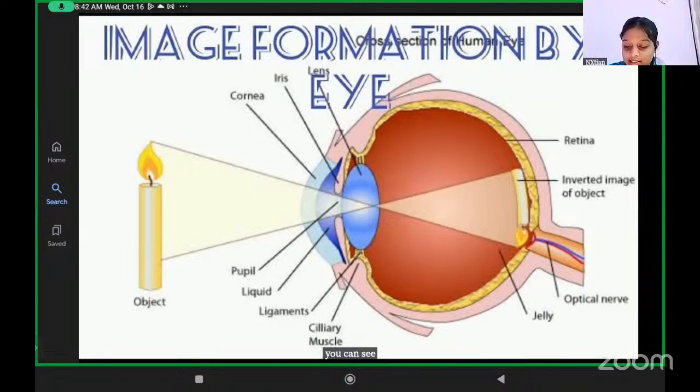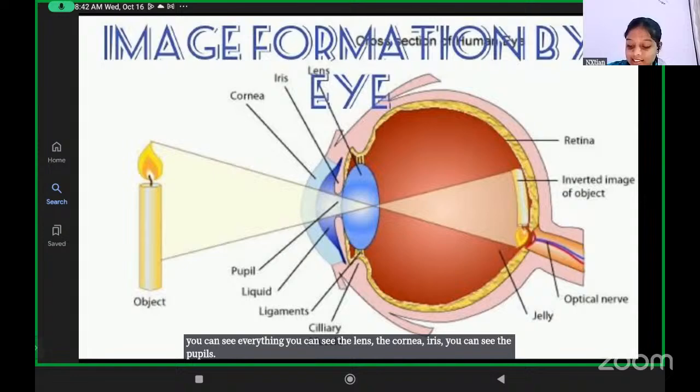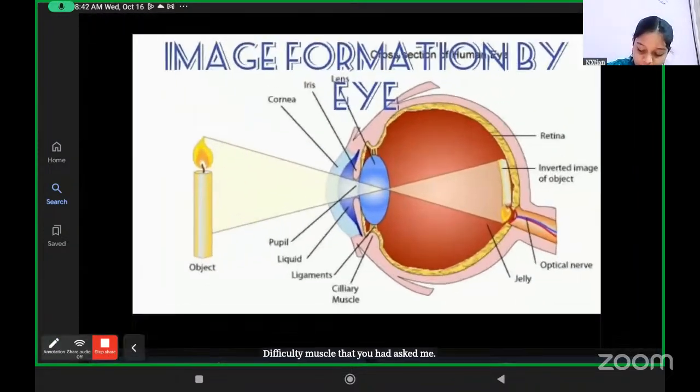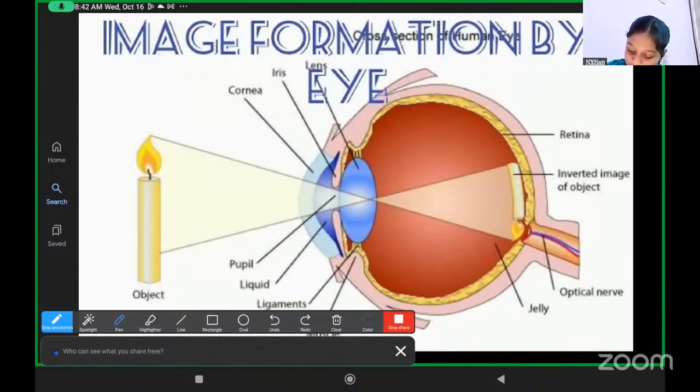You can see the lens, the cornea, the iris, and the pupil. This is the ciliary muscle that Simon had asked me about, attached to the lens. This is the iris. This blue thing is the lens. The outer layer is the cornea.